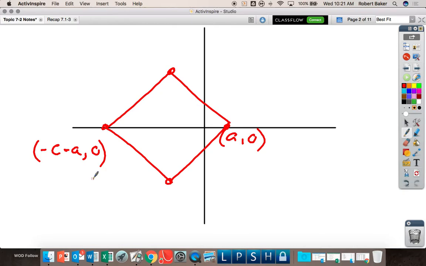Because this is c units long. You're starting from the first point. No, the top middle one is c. It's negative c comma b. So from here to here is c units long.